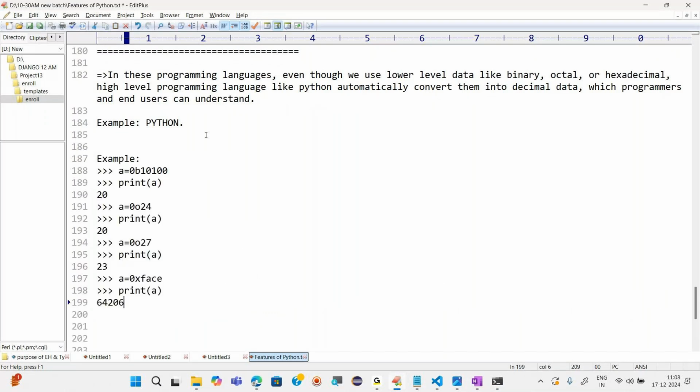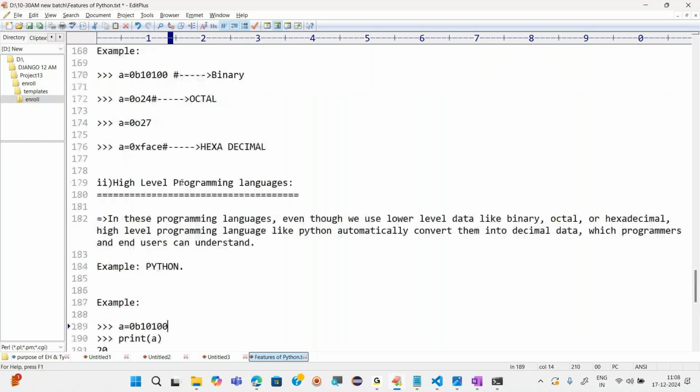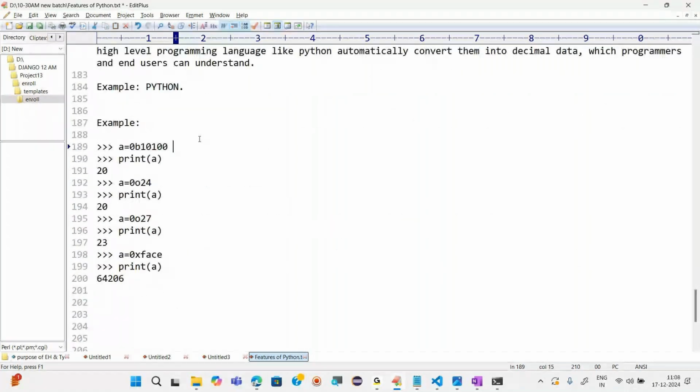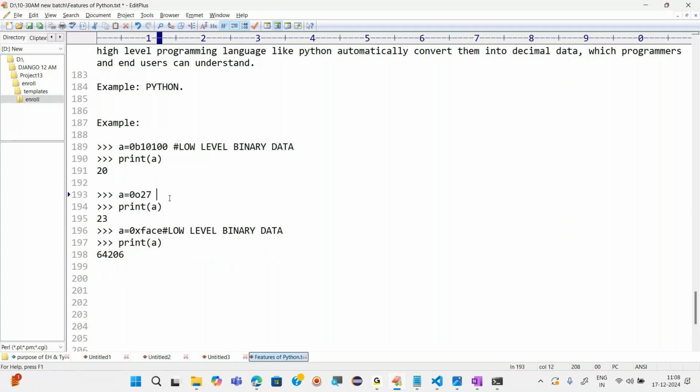Now this is my low level data, low level binary data. Two different outputs we are getting, that is why I have taken this.